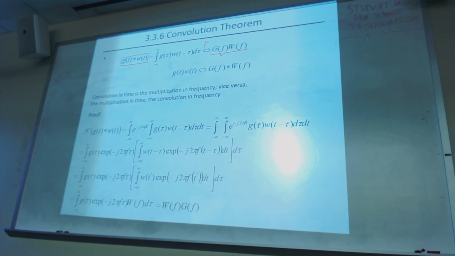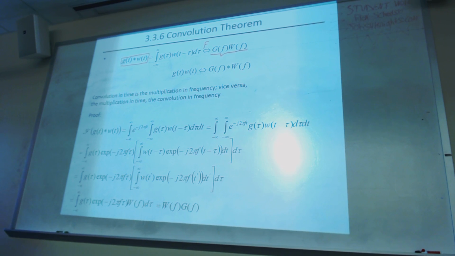Okay, and now everybody might remember the definition of convolution. If you have g(t) convolved with w(t), it is the integral of g(tau) w(t minus tau) d tau. This is the definition of convolution. And if you take the Fourier transform, interestingly, you just multiply capital G of f by capital W of f. Okay.